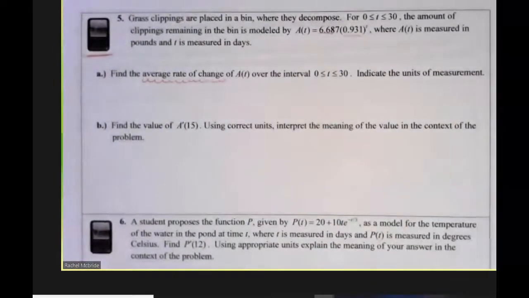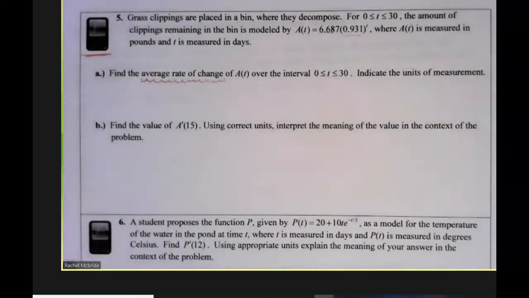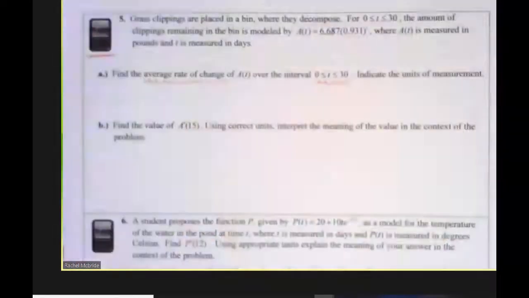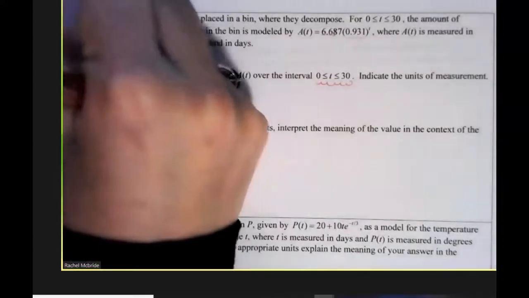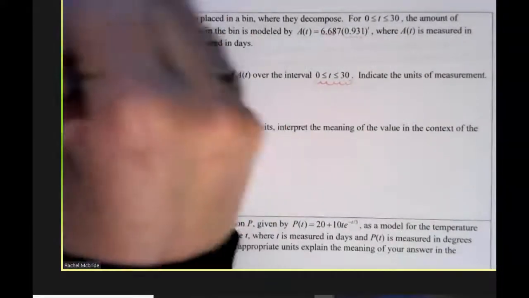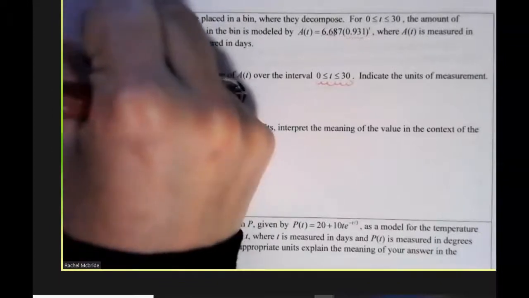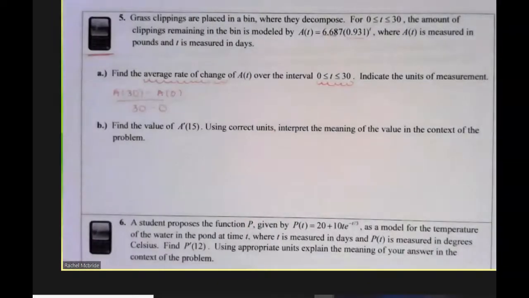So average rate of change is slope of the secant. So average rate of change over an interval would be like A of 30 minus A of 0 over 30 minus 0. Average rate of change does not involve a derivative.